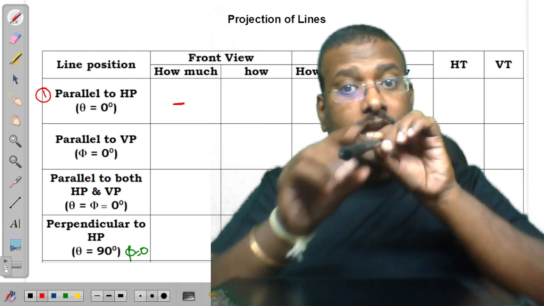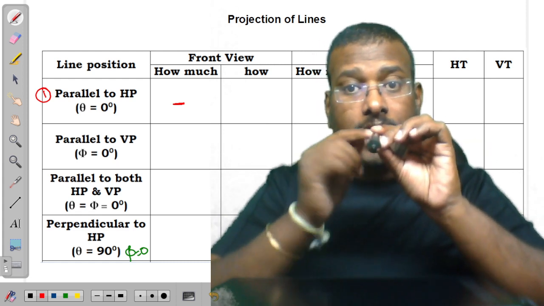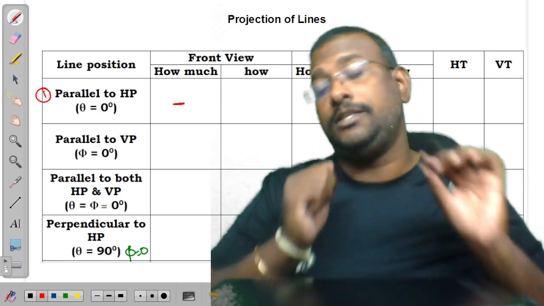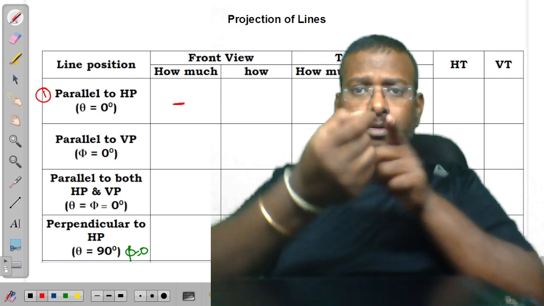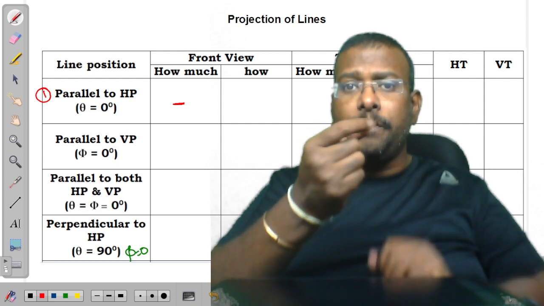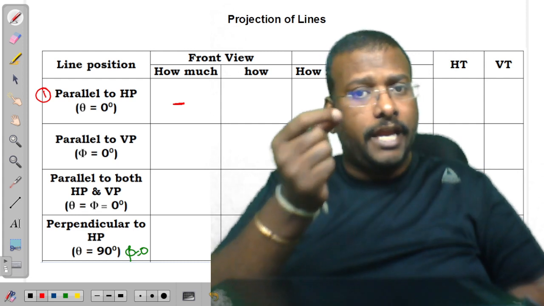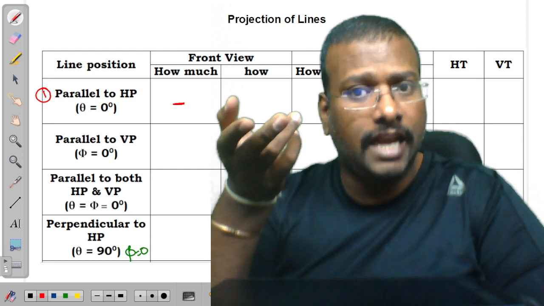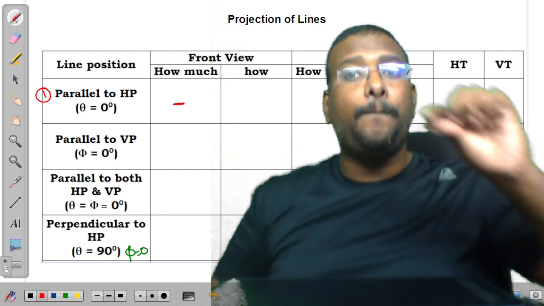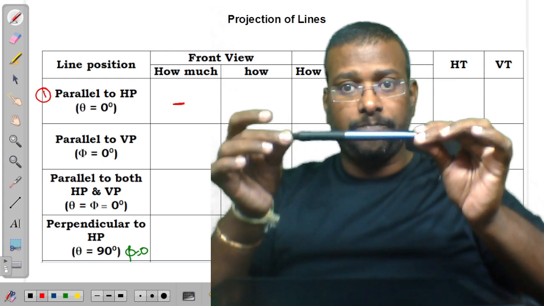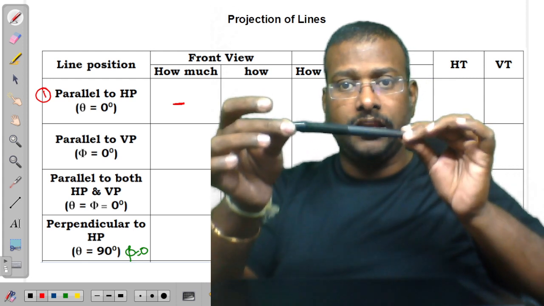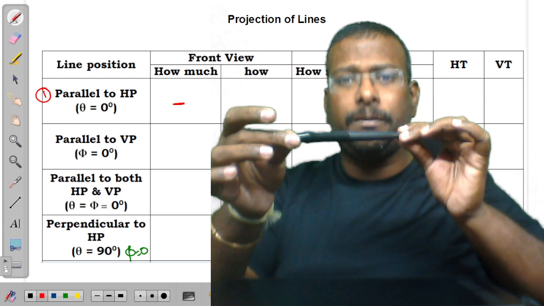In this case, A dash falls here, B dash will also fall here, so both coincide with each other. Even though A dash and B dash coincide, it is a line, so we can say it is parallel to the XY line. In this case, the front view is parallel to the XY line but compressed.